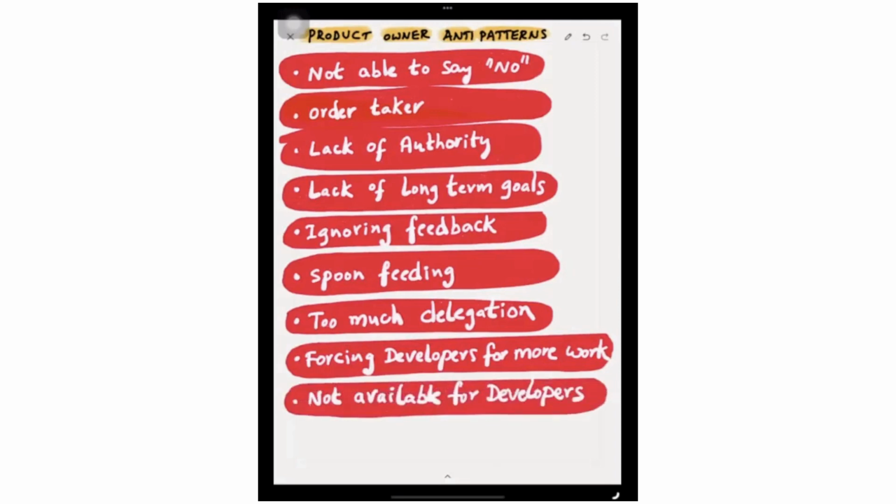And the last one is not being available for the developers when required. As we discussed earlier, throughout the sprint, as and when an item is completed, the product owner should be available for the developers to quickly check that item using the acceptance criteria, give the feedback, or approve or reject the item.